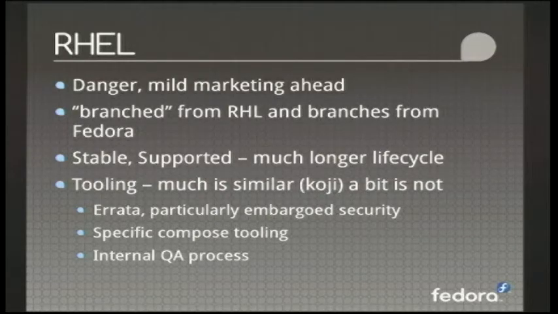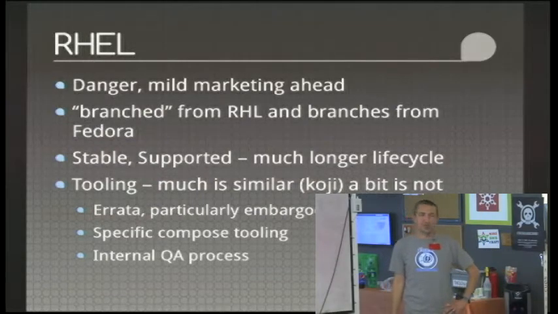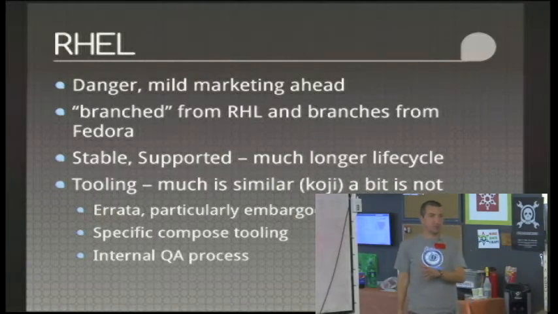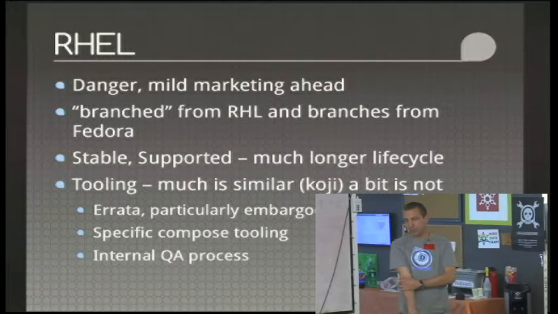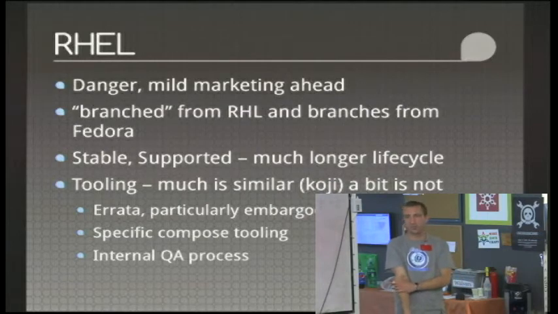So RHEL is actually the commercial product that Red Hat makes most of its money off of, right? It has for a long time been branched originally from what used to be called Red Hat Linux. This was actually the red box that you could buy at Best Buy and other places, and more recently has been branched from Fedora. So it is a stable release that gets supported on a life cycle that's actually closer to what something like Microsoft or Sun did.